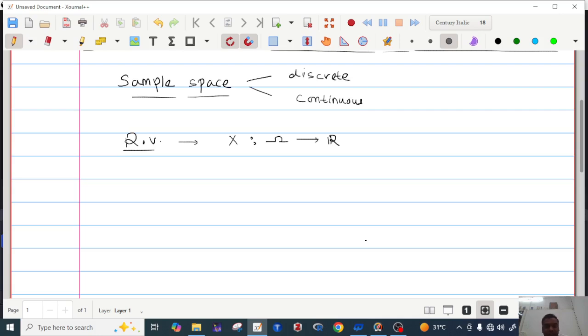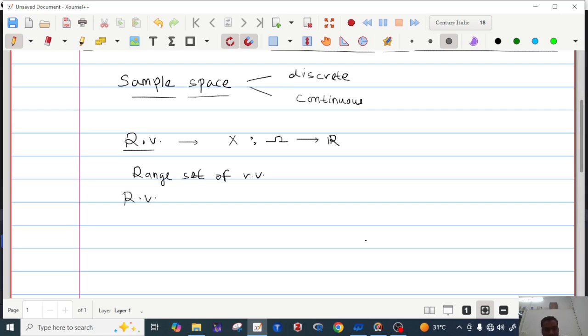Then for this random variable there is the concept of range set. Range set means whatever possible elements are in the range of that random variable. If it is discrete, then the random variable is discrete. If this range set is continuous, then the random variable is continuous.